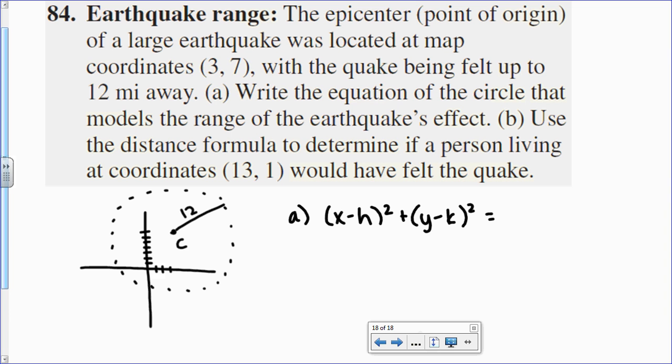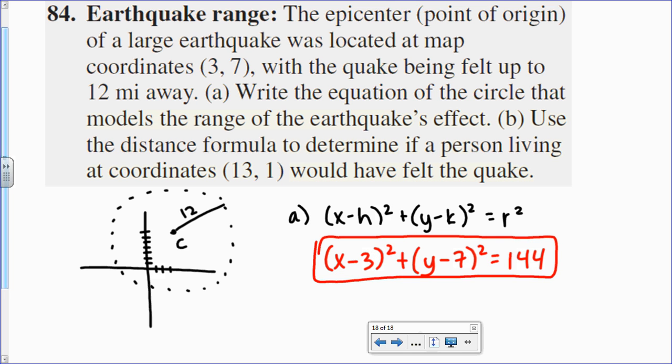And you also need the radius. Do I have that? Okay, so let's plug in. So I'm going to have x minus 3 squared plus y minus 7 squared equals 144. So 12 squared, 144. Good.